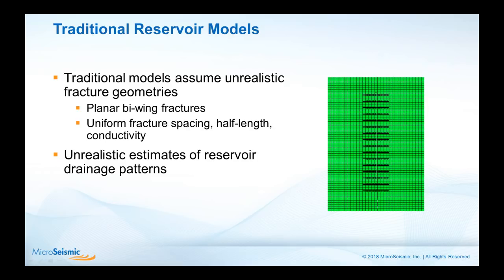Obviously, using an unrealistic representation of hydraulic and reactivated natural fractures in the reservoir model will lead to unrealistic estimates of drainage volume. Therefore, it is needed to come up with more realistic models.